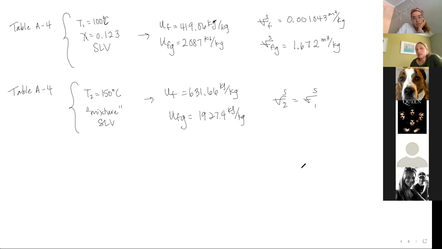And so it doesn't really help you to look it up again, because you aren't going to use these values anyway. You're just going to say whatever I came up with here, that's my specific volume at state 2, because I'm a closed rigid container. I'm not adding mass. I'm not changing volume. My specific volume is the same. So while you could look up your specific volumes here, you're not going to use the values, so it is not particularly helpful.